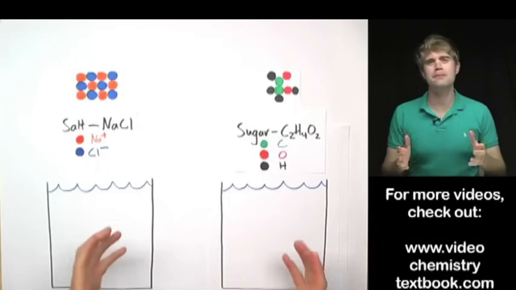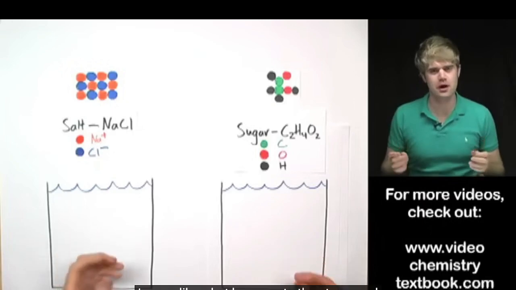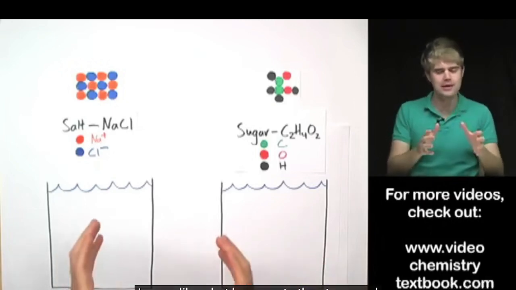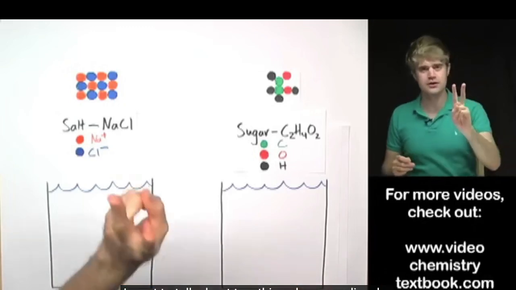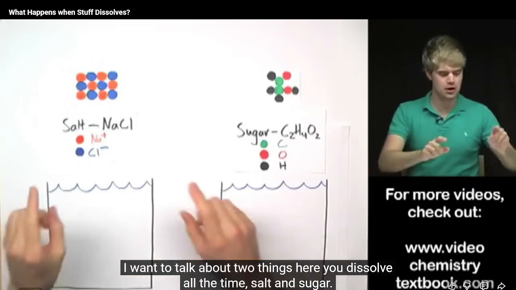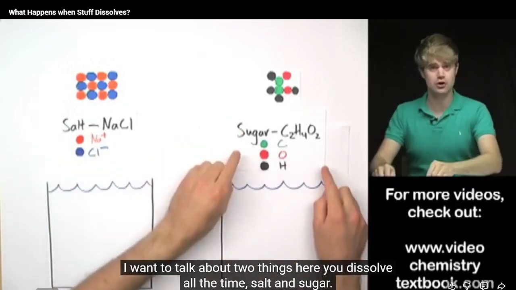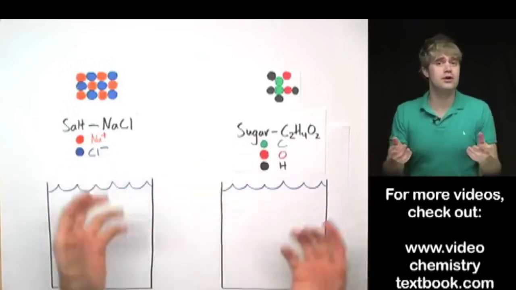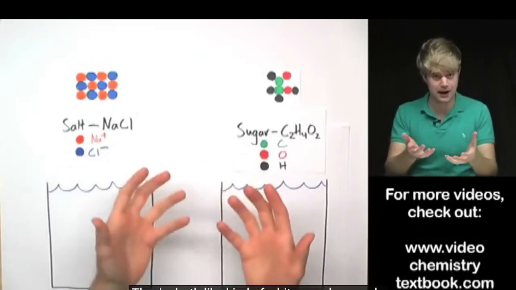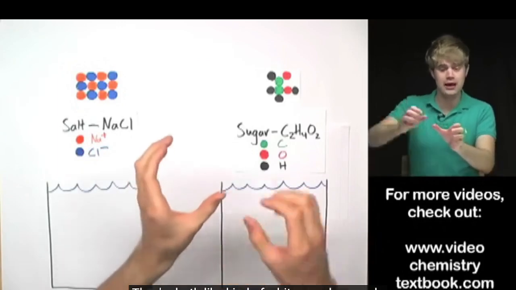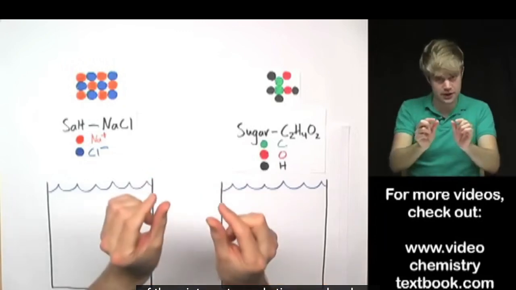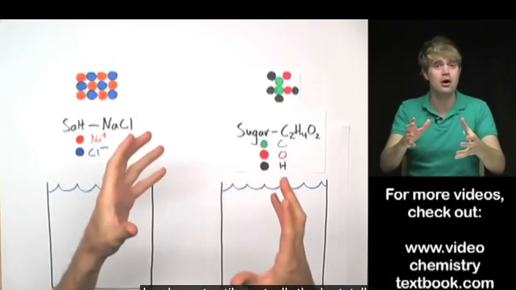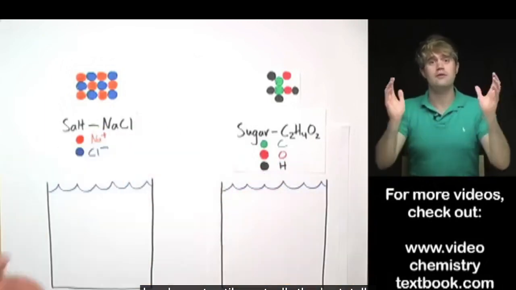What happens when stuff dissolves? What happens to the atoms and molecules that make it up? I want to talk about two things here that you dissolve all the time: salt and sugar. These two things look very similar. They're both kind of white powders made up of little grains, and you can pour both of them into water and stir around, and you see the grains get smaller and smaller and maybe break apart until eventually they've totally disappeared.